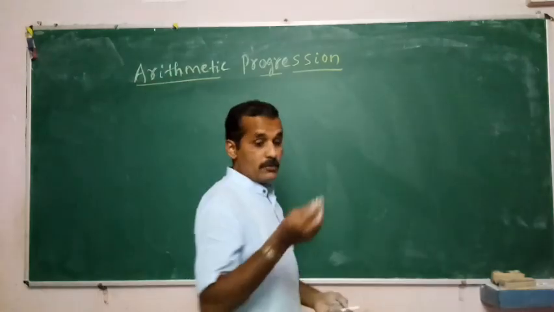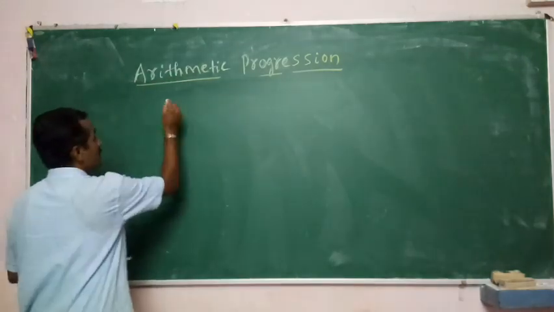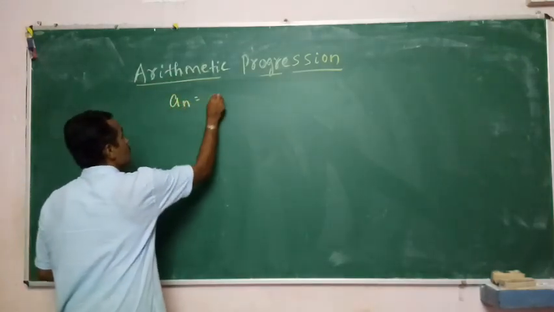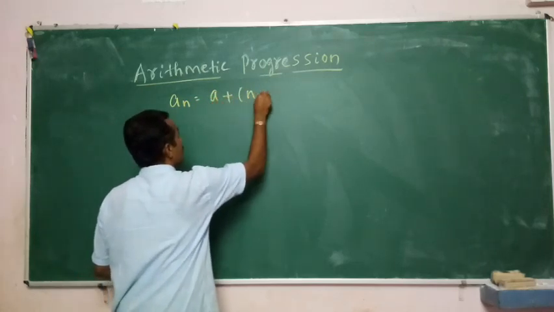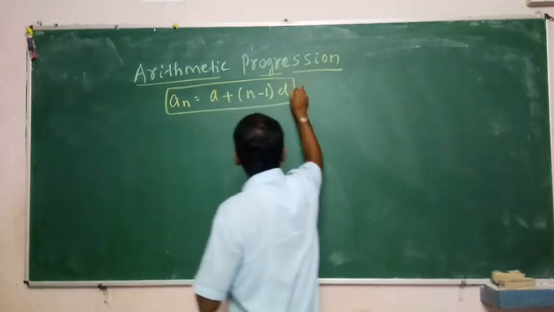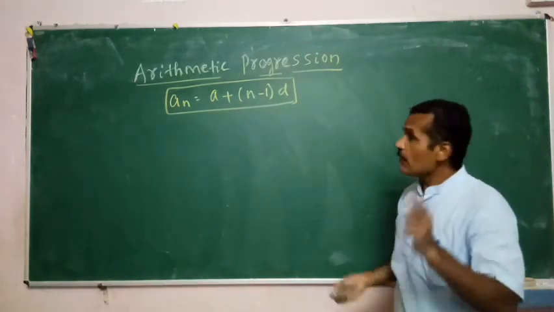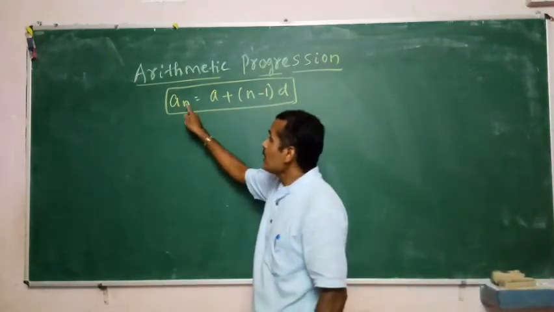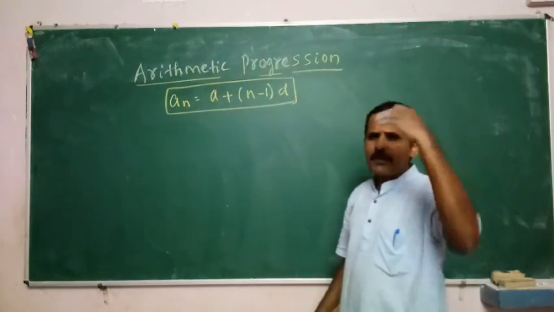We have seen the formula now. What is the formula we have generated? An is equal to A plus n minus 1 into D. This is our new formula, and I have told you, this is the formula we use to find the nth term. The nth term will be any term.